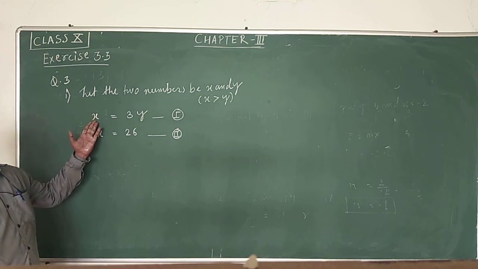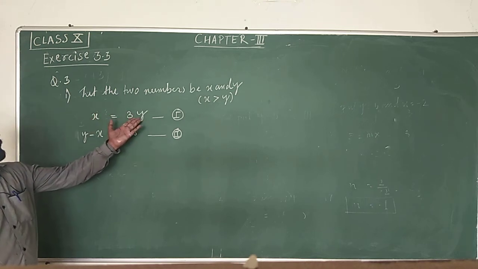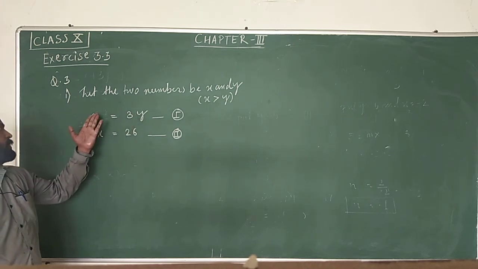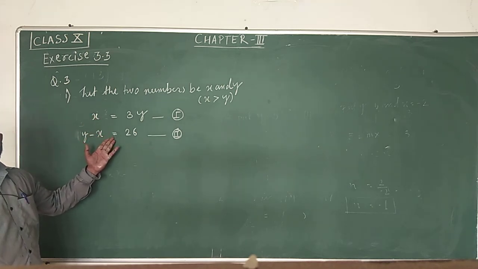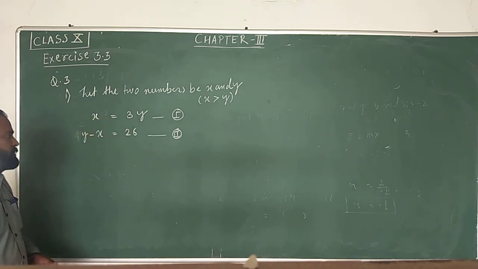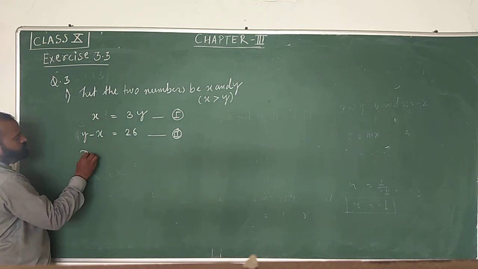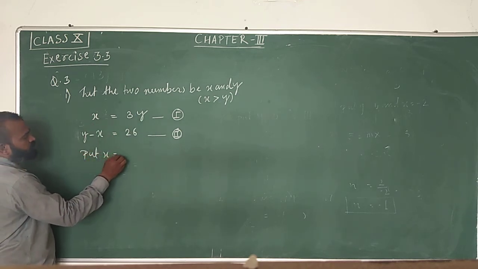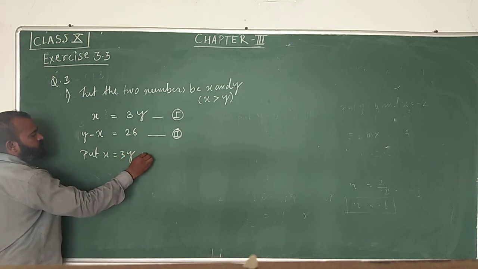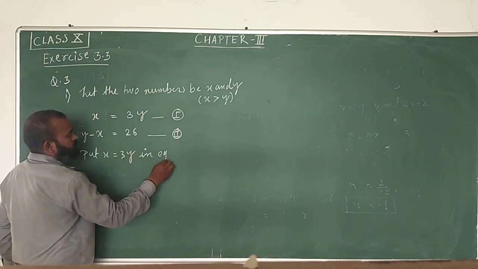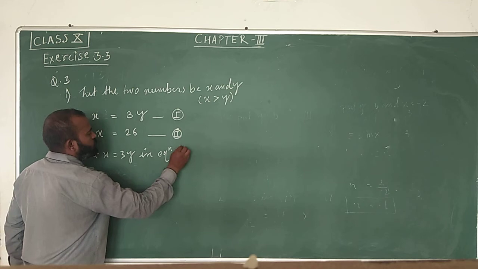Now it's very easy. Here they have already given one variable in terms of the other. So we put the value of x in equation number 2 and we get the solution. Put x equals 3y in equation number 2.